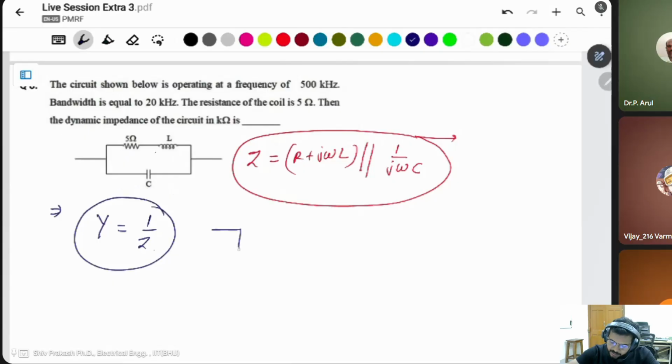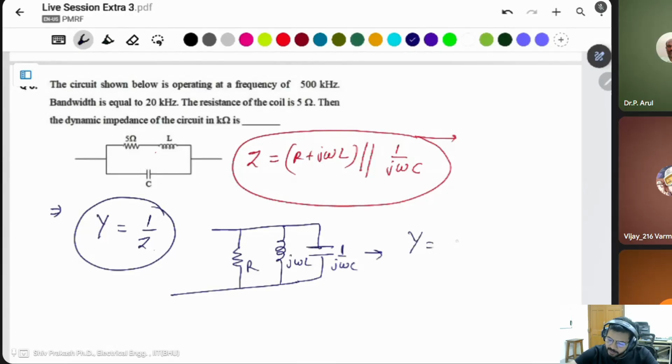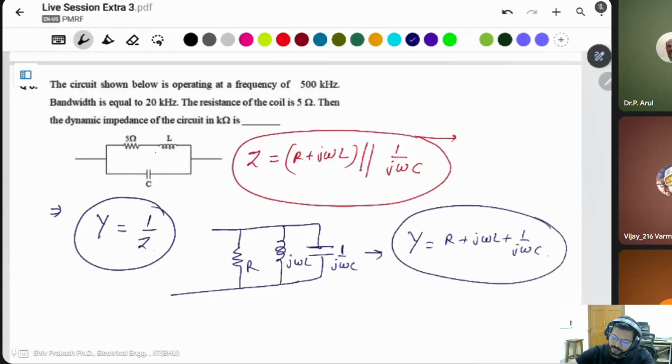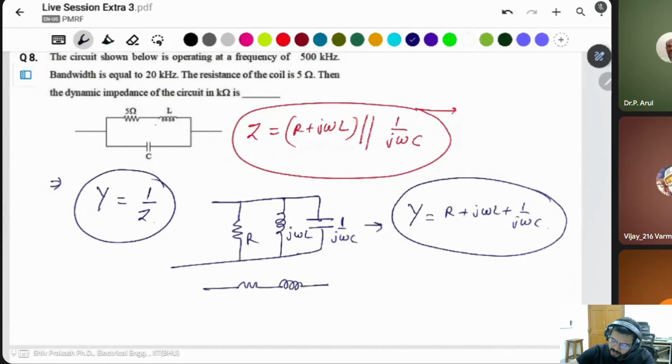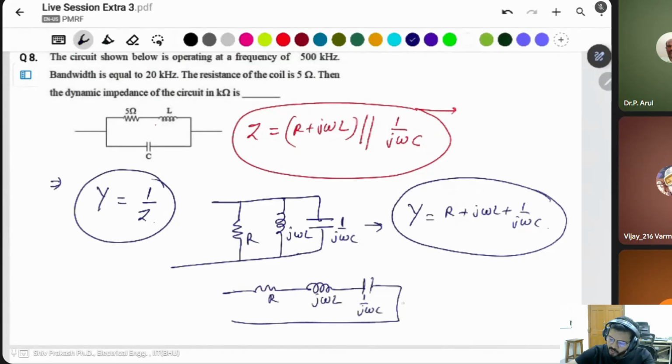In a parallel circuit, suppose R, L, and C, with j omega L and 1 upon j omega C, the admittance of this circuit is simply the addition of all three. Like an RLC series circuit, where these three are connected in series, you know the impedance is R plus j omega L plus 1 upon j omega C. In a parallel combination, simply find the admittance.